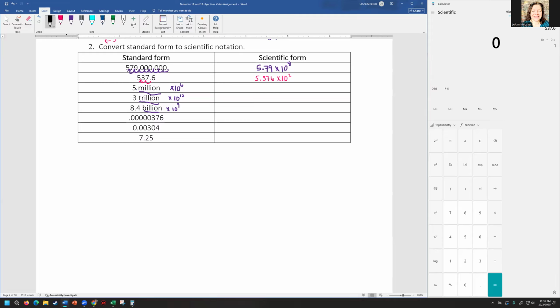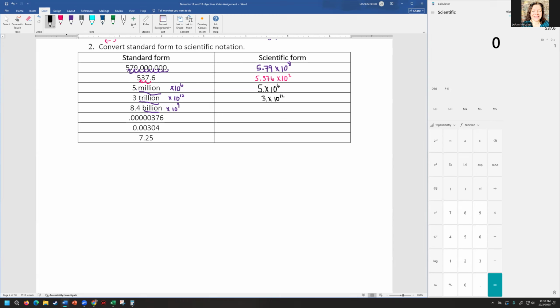Okay, so if we do this, this would just be 5 times 10 to the 6th. That's already in scientific notation, proper format. The decimal's right here. There's 1 digit in front of the decimal. That's a 1 to 9. We have 8.4, sorry, I skipped this one, 3 trillion. So that would be 3 times 10 to the 12th.